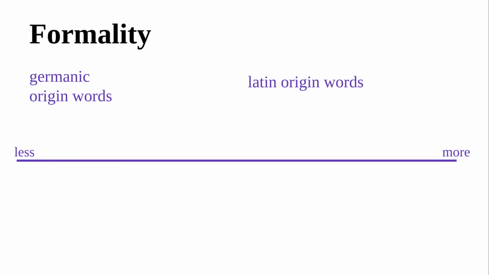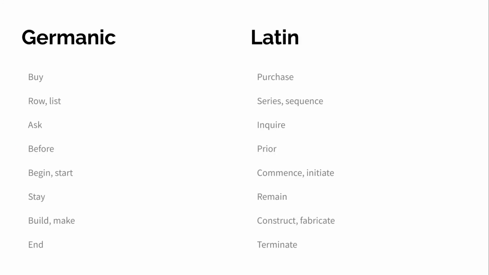Words that come from the German side of English are considered to be less formal than words that come from the Latin side of English. Here are some examples. Germanic words like buy, row, list, ask, before, begin, start, and so on are less formal than their Latin equivalents: purchase, series, sequence, inquire, prior, commence, initiate, and so on.